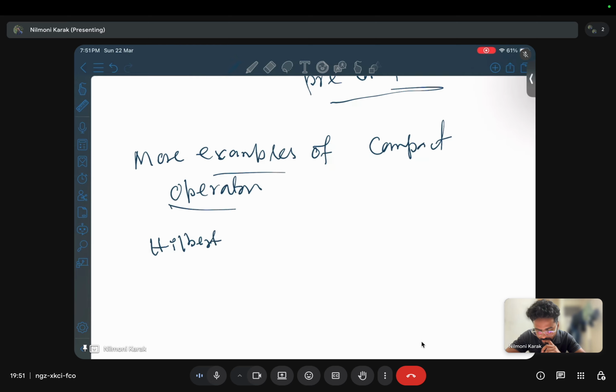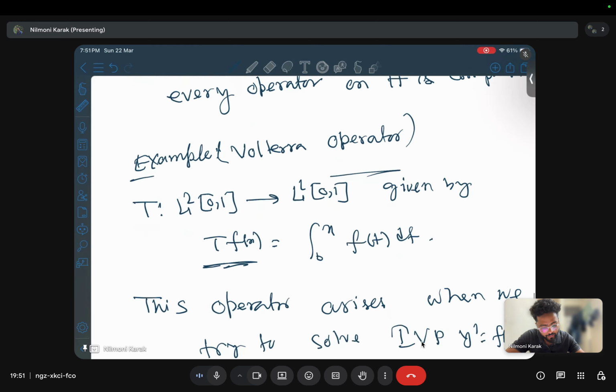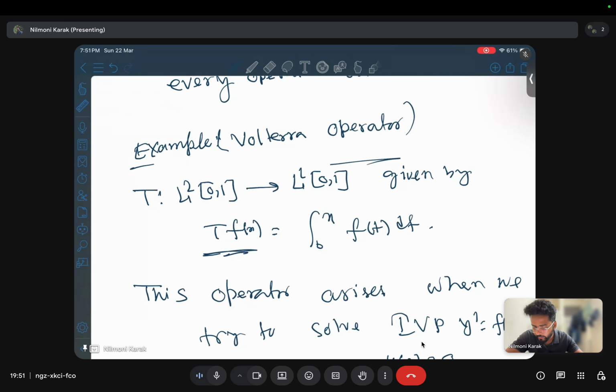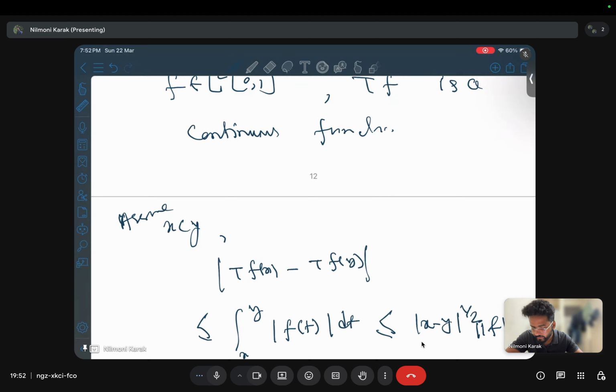We can generalize the Volterra operator to a Hilbert-Schmidt operator, by taking a continuous function k(x,t) on [0,1] cross [0,1], and defining the new operator T f(x) equals the integral from 0 to 1 of k(x,t) f(t) dt. This is again a compact operator.